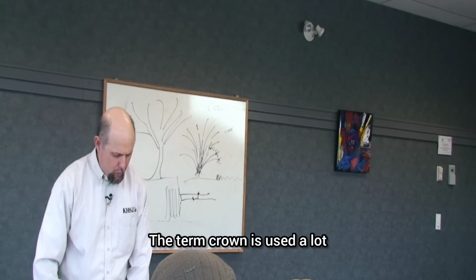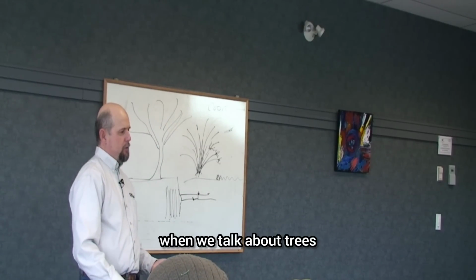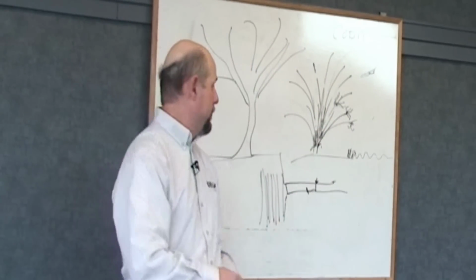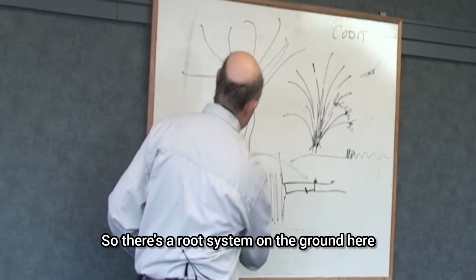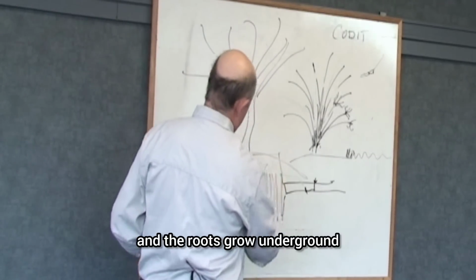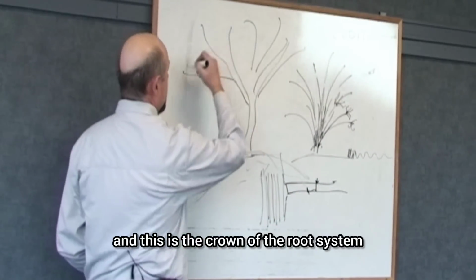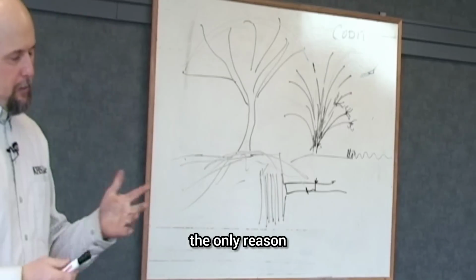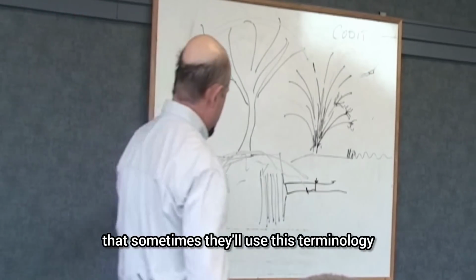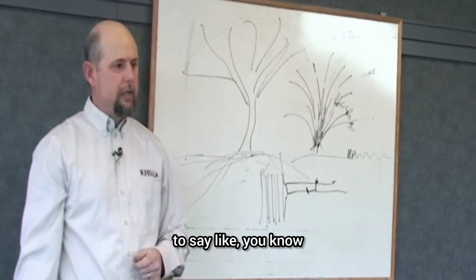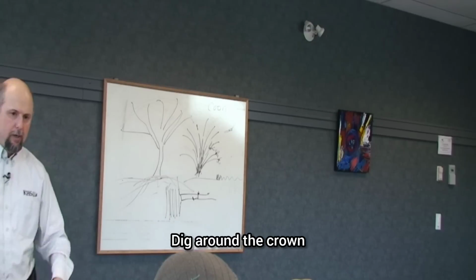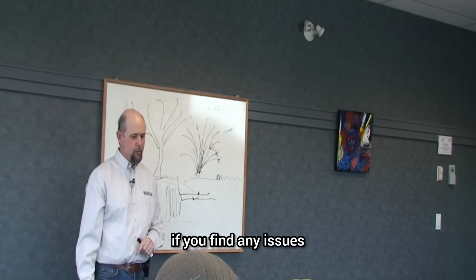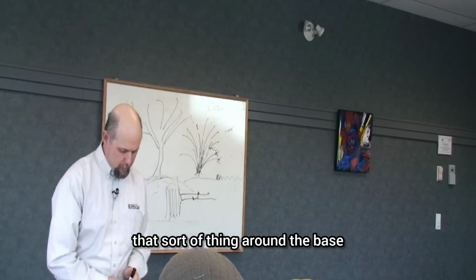And the term crown is used a lot when we talk about trees. There's 2 crowns on a tree. There's the crown of the root system, right? So there's a root system underground here, and the roots grow underground, and this is the crown of the root system, and this is the crown of the tree. The only reason that I say that is that sometimes they'll use this terminology to say, like, dig around the crown, where the roots attach, and have a look to see if you find any issues or problems, or girdling roots, that sort of thing around the base.